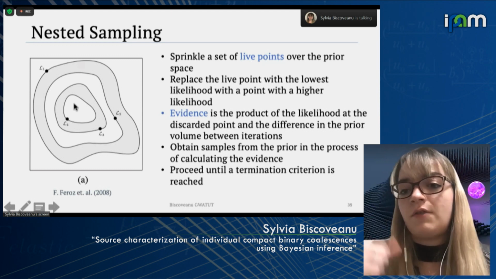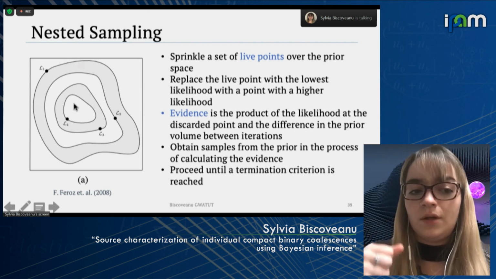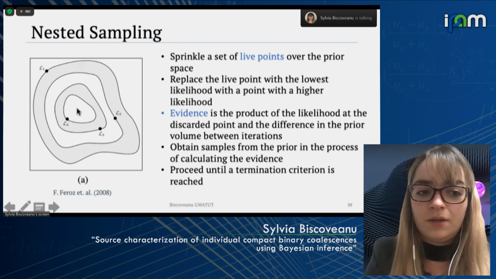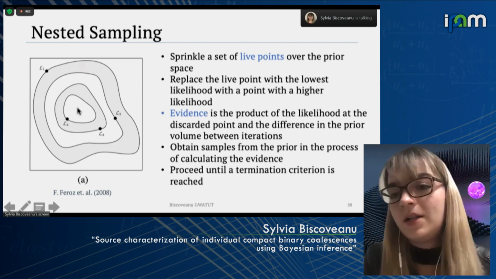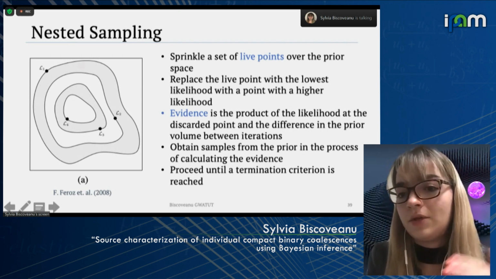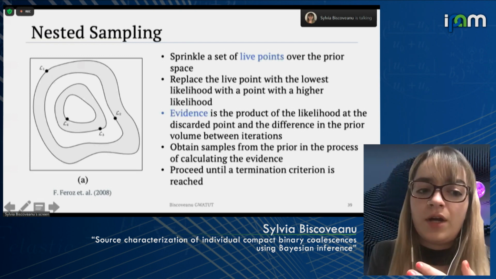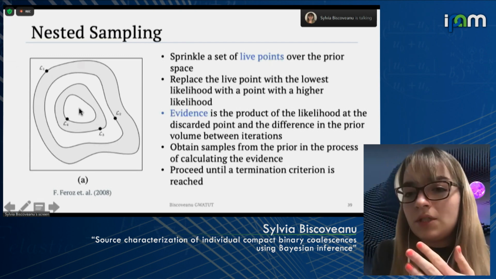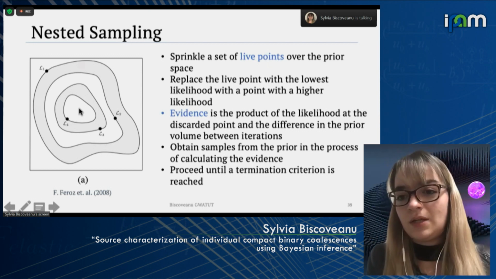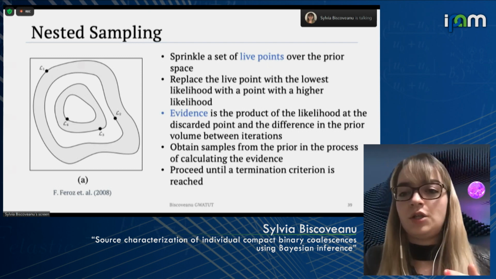It can be hard to find new samples with higher likelihood, but there are clever ways to get the nested sampler to explore the prior space.